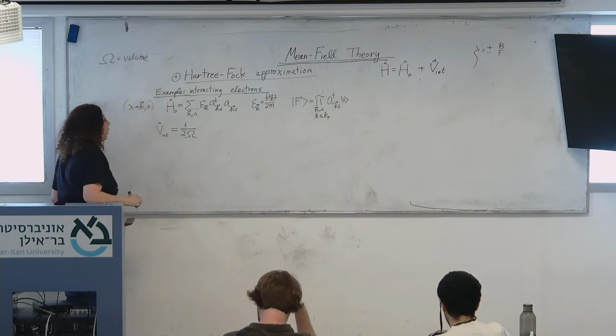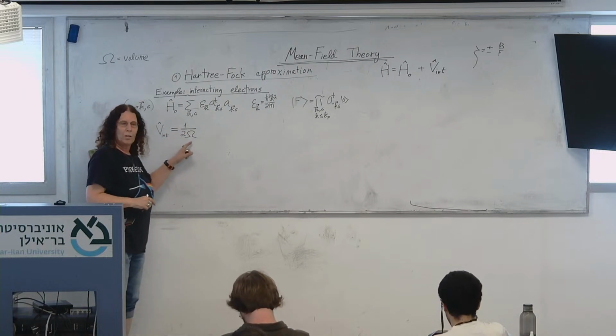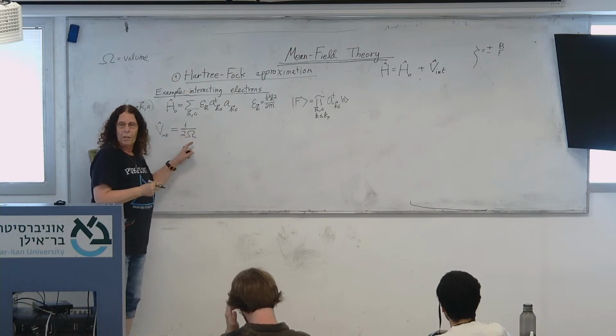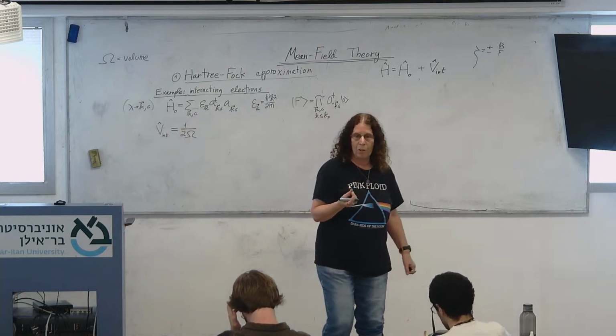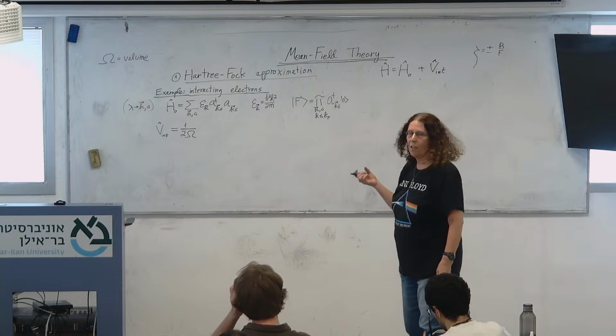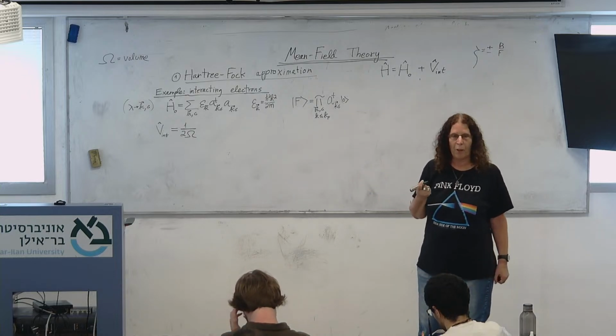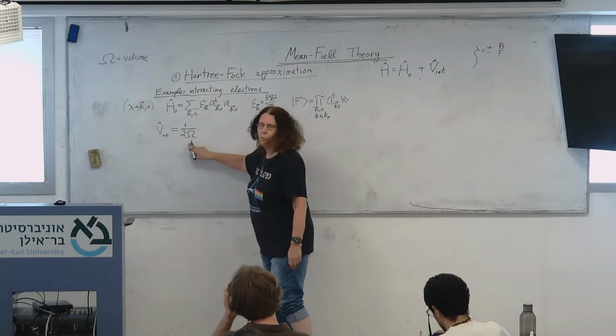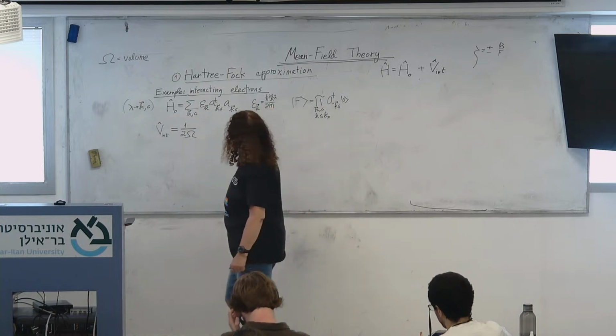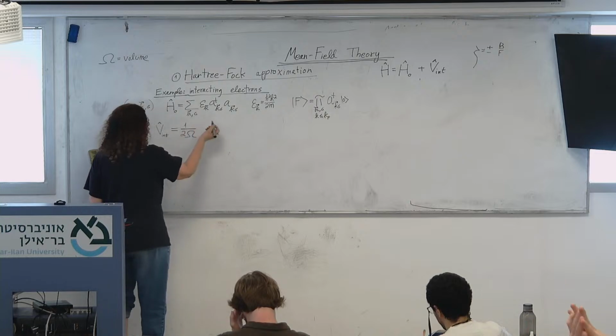Why is that? Because when I write the matrix element of the interaction potential, I get a Fourier transform, but there's also a normalization factor from the wave function, and it introduces this factor. It's just a normalization for keeping the units.